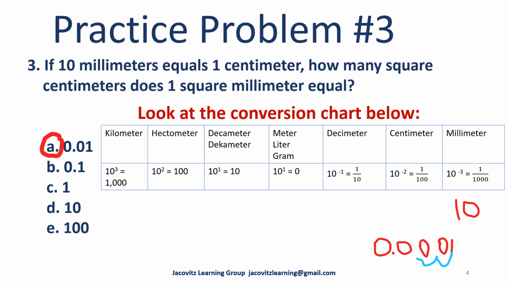So anyway, what we want to do next is, if 10 millimeters equals 1 centimeter, how many square centimeters does 1 square millimeter equal? So they're going backwards. Your milliliters are way over here. And liters are smaller.